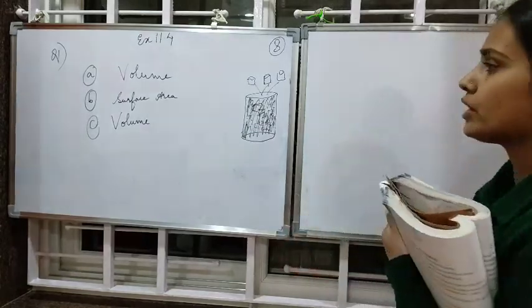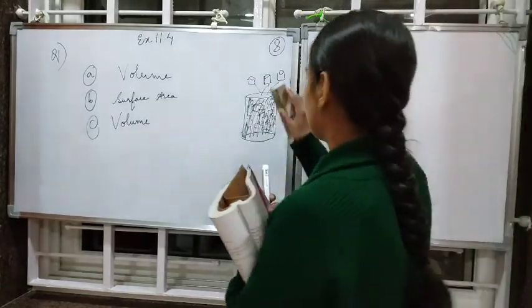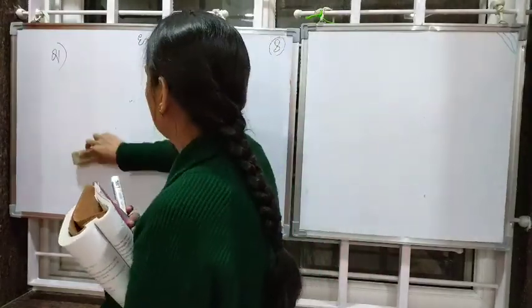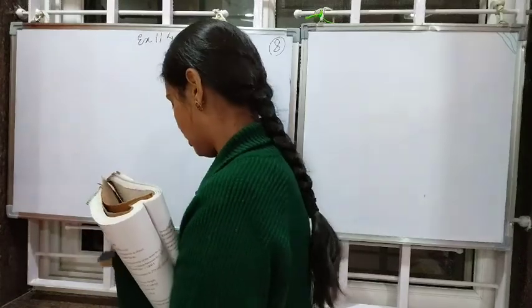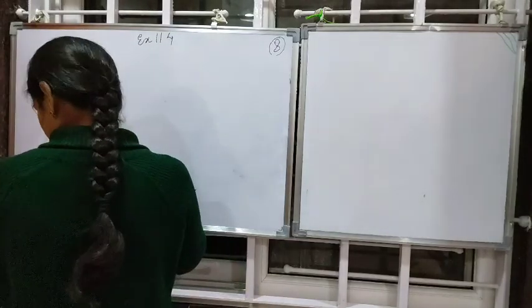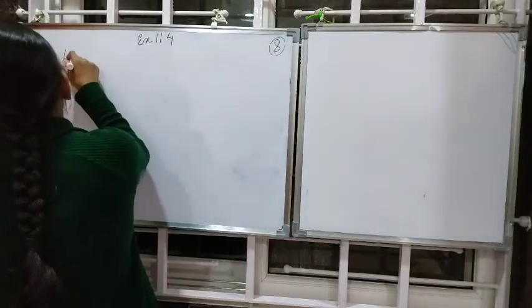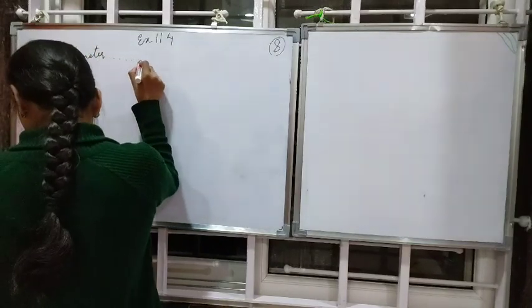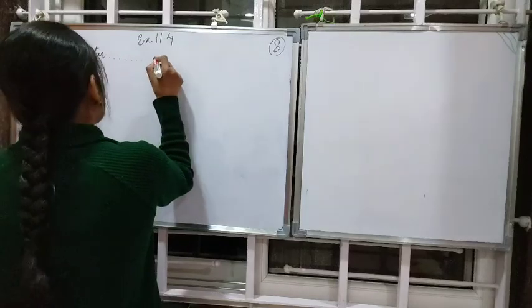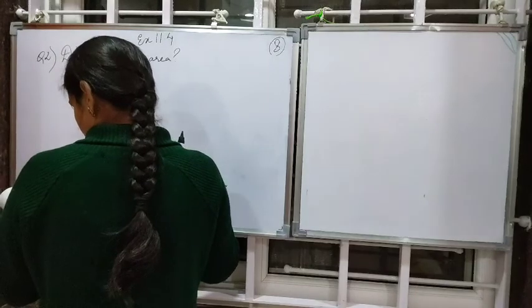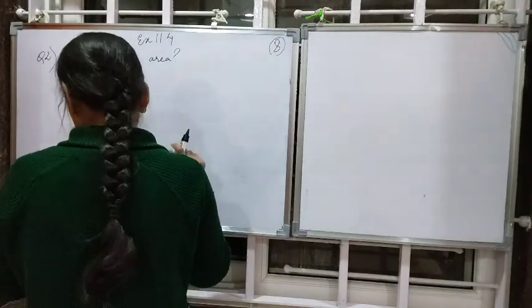Just a moment. This question, children, can be done in the book itself. No need to do it in the copy. You can all just write it in your book. Let's start with question number 2. So there are 2 cylinders.